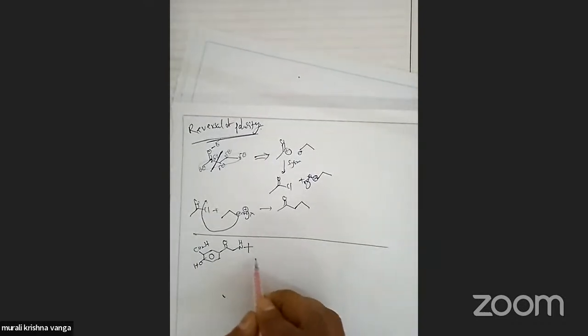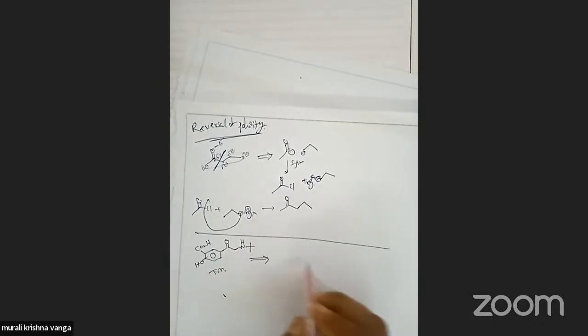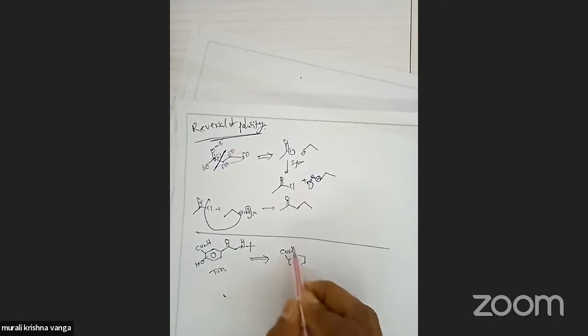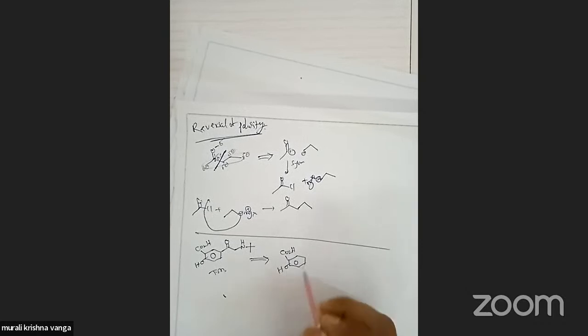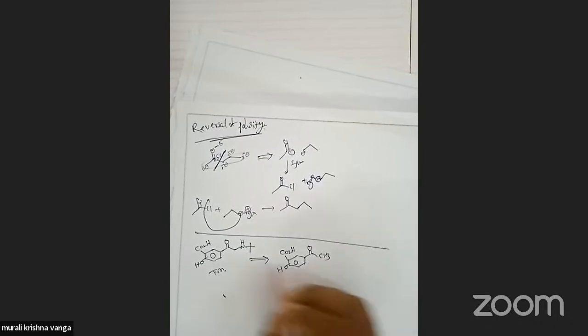Now this is a molecule. When this target molecule undergoes functional group interconversion, the bond breaking takes place, and it also undergoes functional group interconversion.